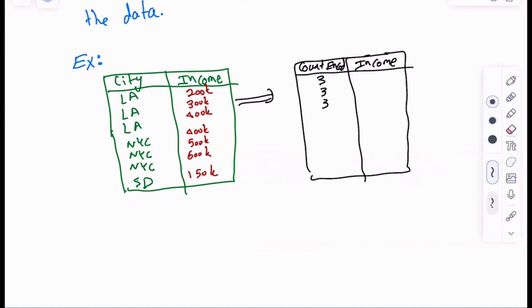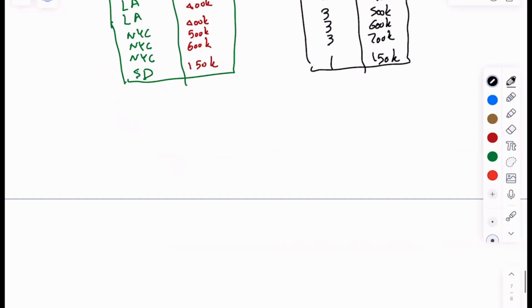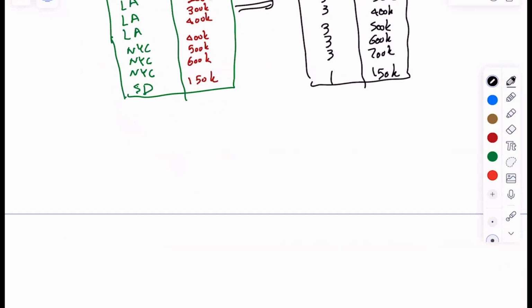New York City appeared 3 times, so 3. San Diego once. Then 200K, 300K, 400K, 500K, 600K, 700K, 150K. All right, so that's the count encoding. How many times it appears in the data. As simple as that. You can't believe how popular this technique actually is.